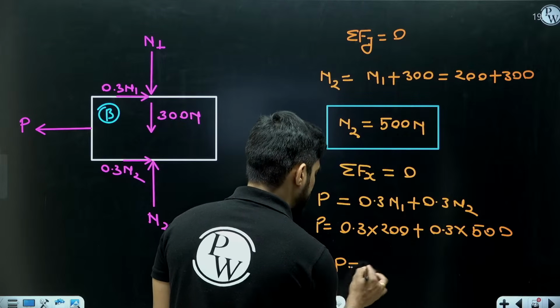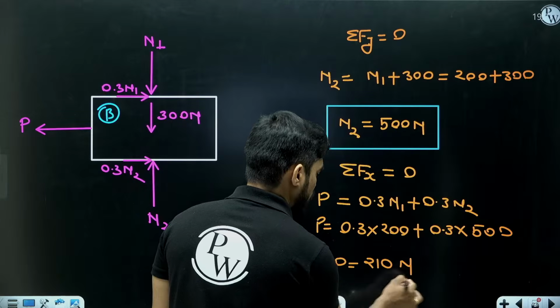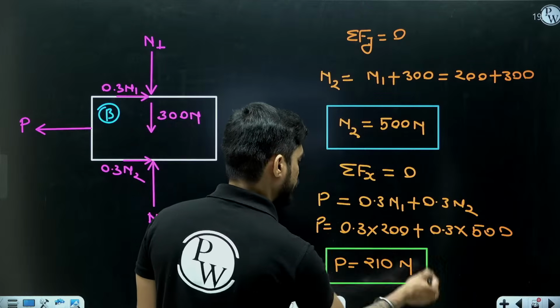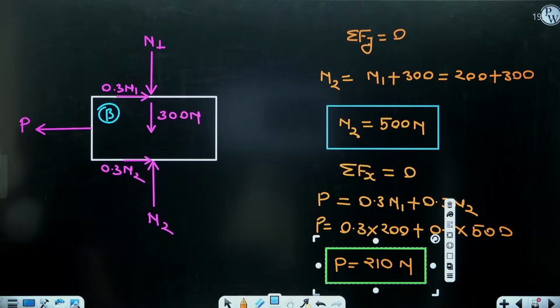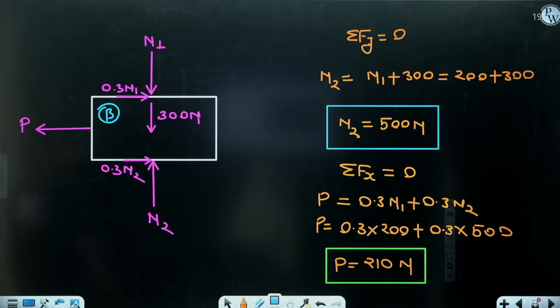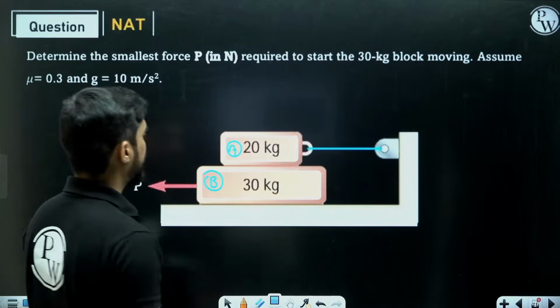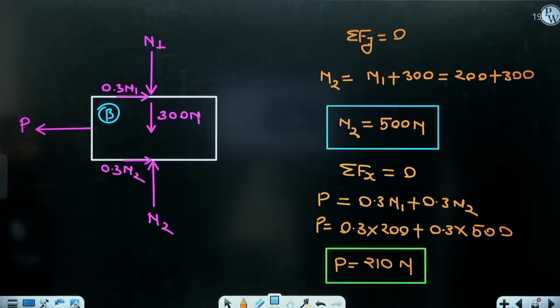It means 210 Newton. So this is the force P required to move the 30 kg block, 210 Newton. I hope this is clear.